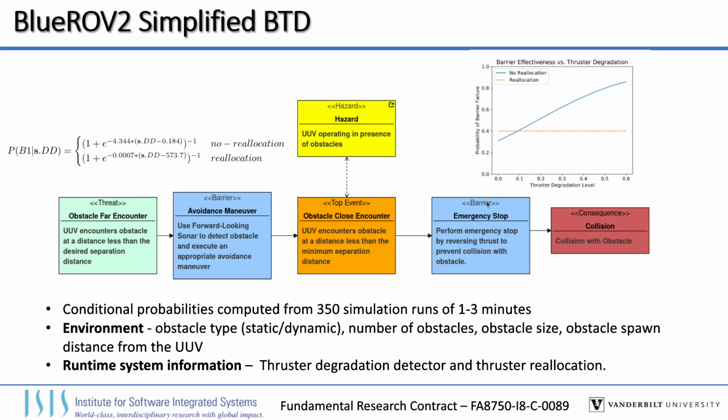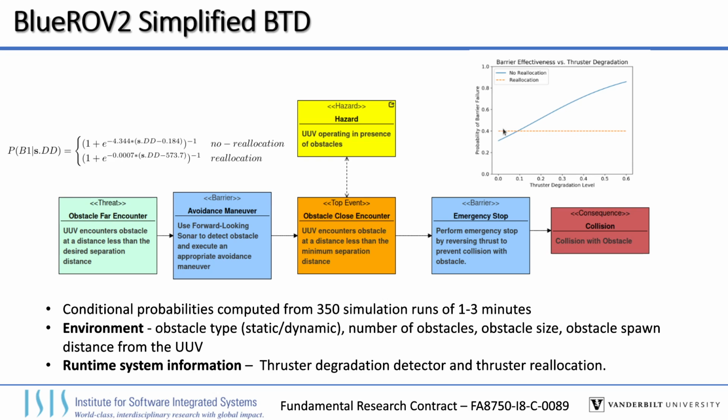This line is slightly higher than the best case scenario in terms of the probability of barrier failure, at about 40%. But you'll notice it's relatively flat. It's almost entirely flat. It is still a sigmoid, but over this short interval from 0 to 0.6, it appears flat.